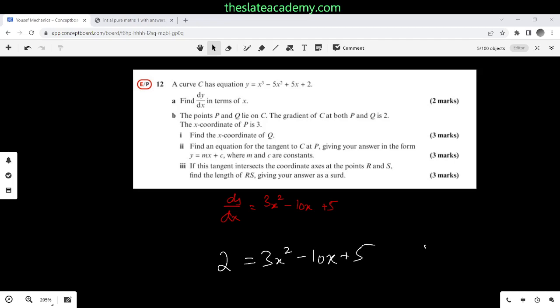If I turn it into a quadratic equation, it will become 3x squared minus 10x plus 3 is equal to 0, subtracting 2 from both sides.